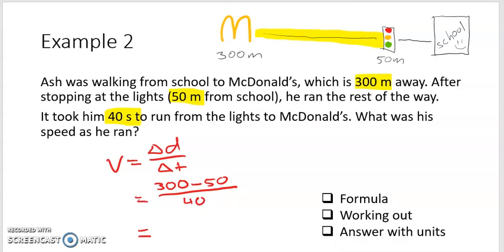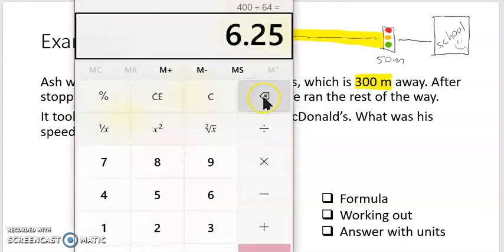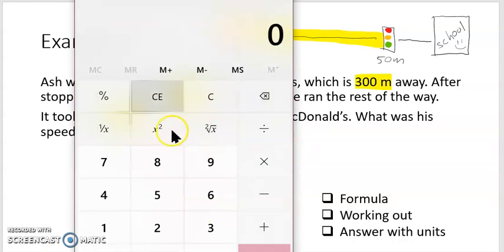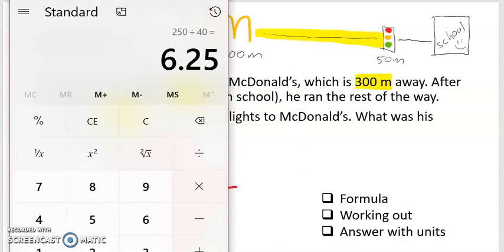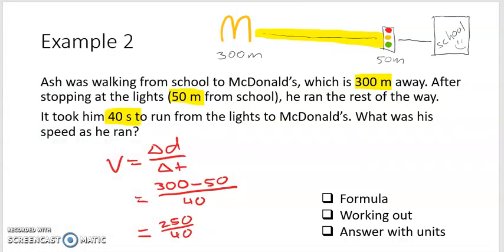So 300 minus 50 gives us 250, divided by 40. Get out our calculator. 250 divided by 40. Again, 6.25, because I'm not very creative with my numbers. Alright. And again, our units is metres per second.